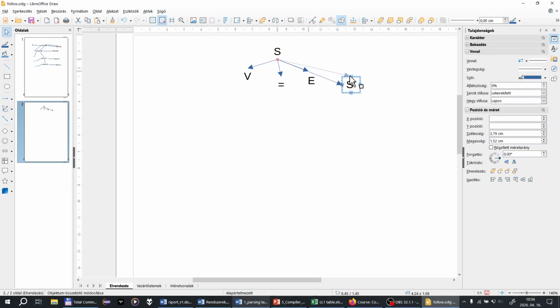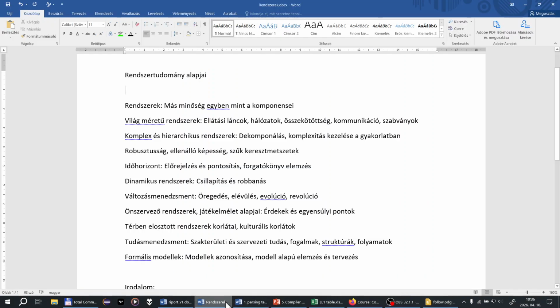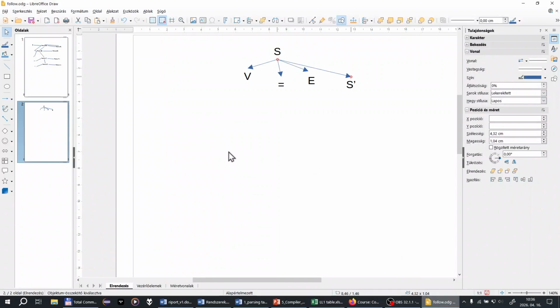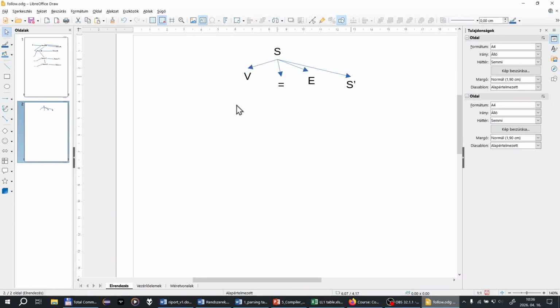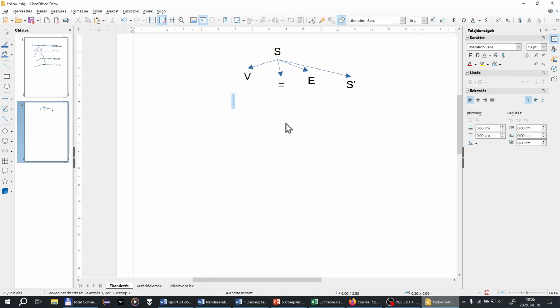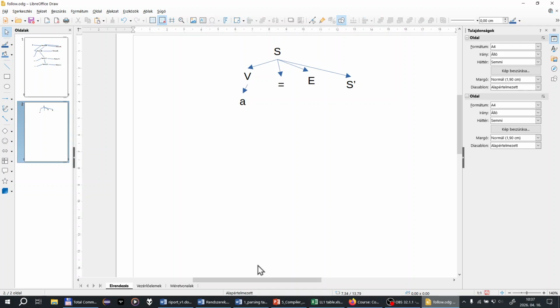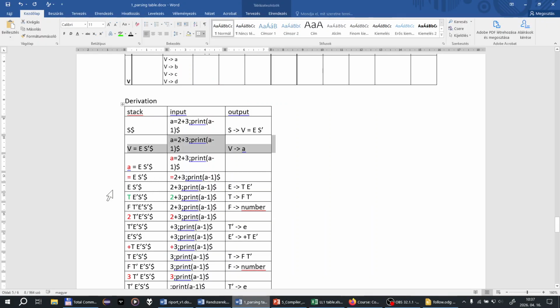Okay, then the following is V to A. The next one is V to A. So we have an A here. E to A, okay, E equals 2. And then the next step is E to TE prime.